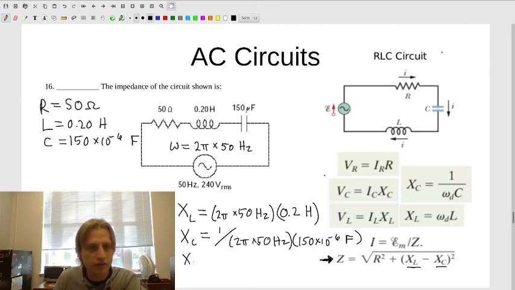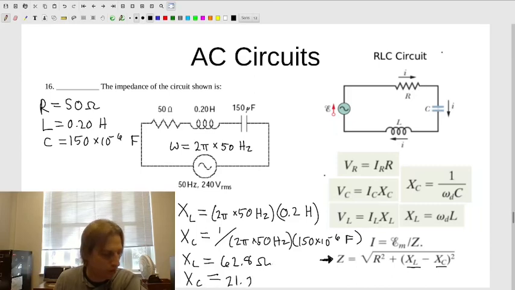Okay, and you can stick these numbers in. You can get values for XL and XC, and I did that before this video started. So your XL would be around 62.8 ohms, and then your XC would be 21.2 ohms.